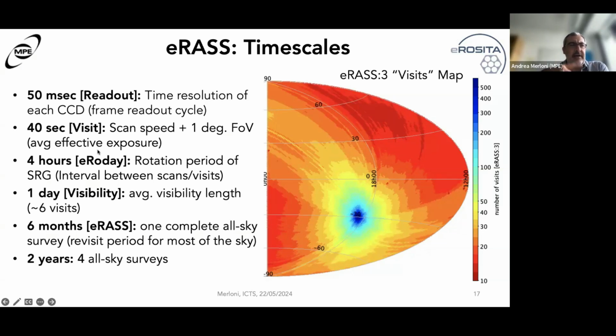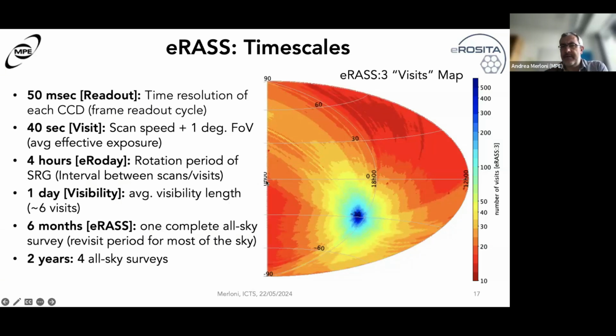Then a full 360-degree scan takes 4 hours. And after 4 hours, because the scans are highly overlapping, the same source will re-enter our field of view, and we will have a second visit. And typically, a source takes 1 day to enter and exit our field of view permanently. And so we have about 6 visits separated by 4 hours for every source in the sky.